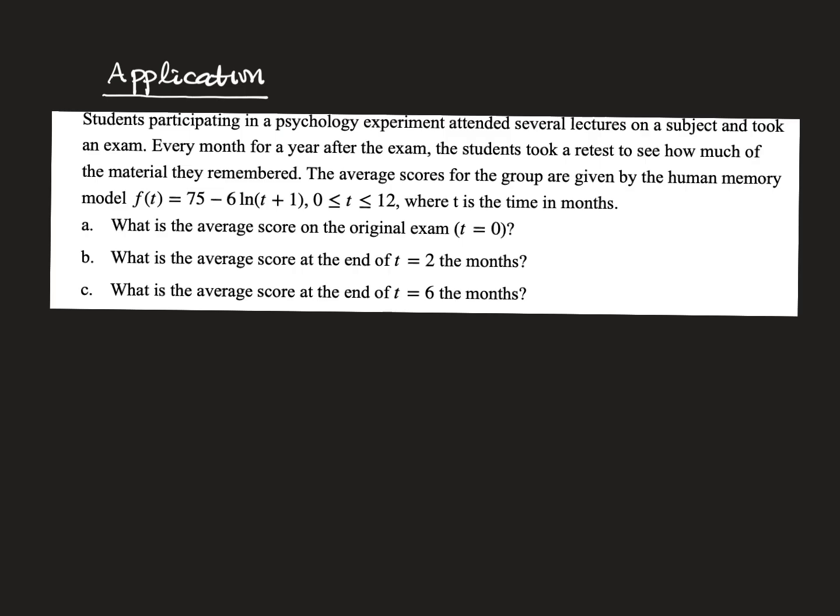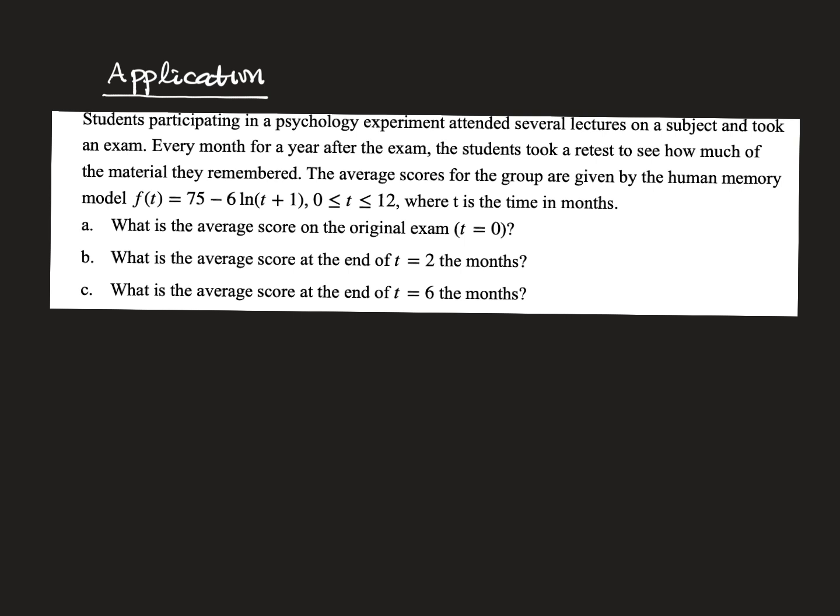Last part of this video, we're going to do an application problem with a log function, guys. This is a very interesting equation. Students participating in a psychology experiment attended several lectures on a subject and took the exam. Every month for a year after the exam, students took a test to see how much of the material they remember. Of course, as time goes on, you keep forgetting.